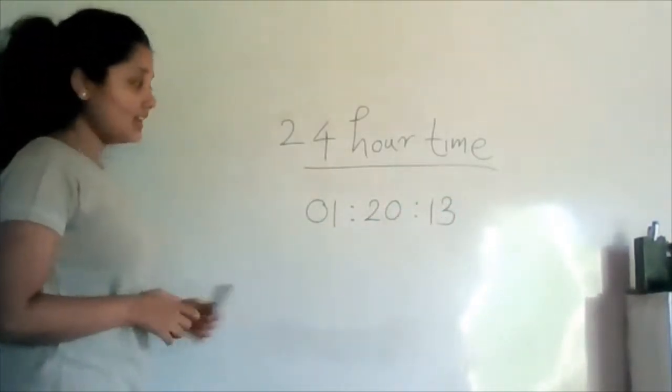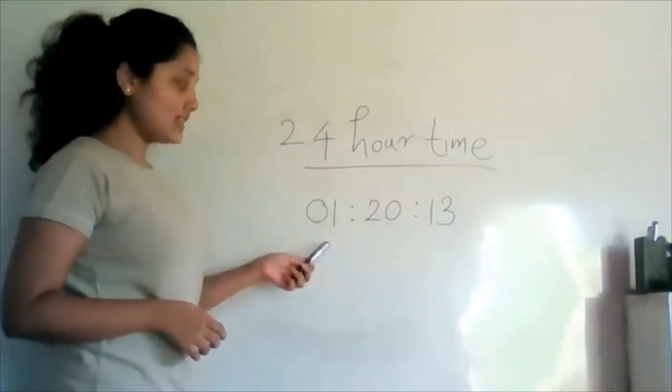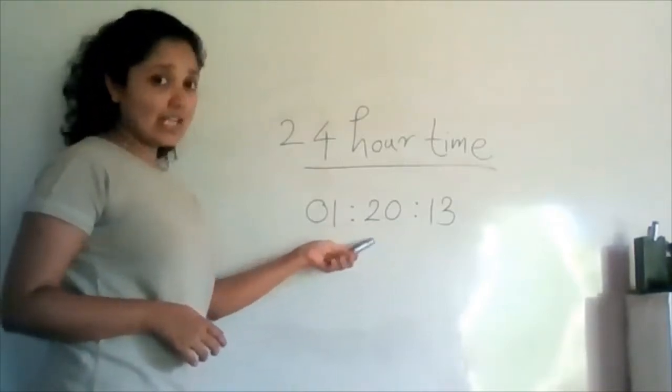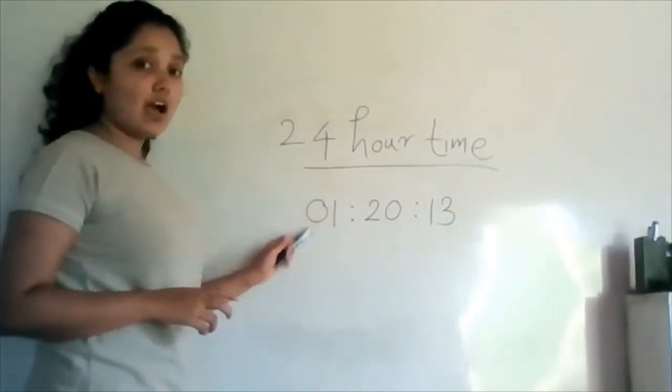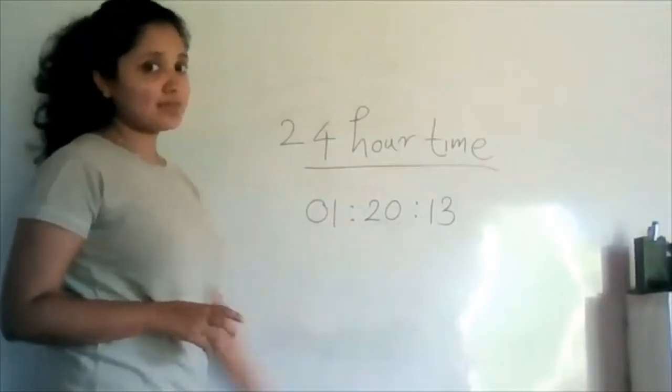Here you can see I have mentioned the hours, the minutes and the seconds, and always I have used 2 digits to denote hours, minutes and seconds, and I have kept double dots between hours and minutes, and also double dots between minutes and seconds.